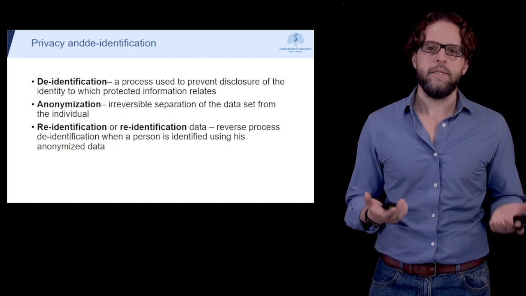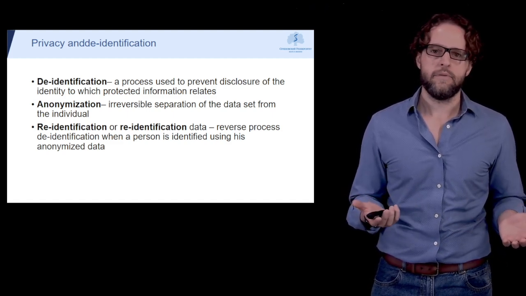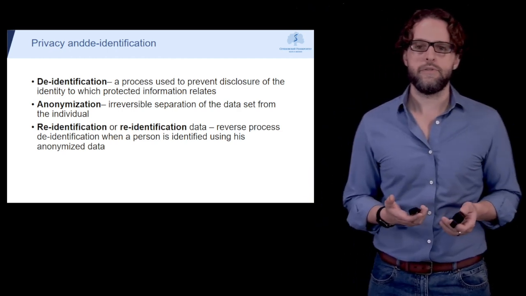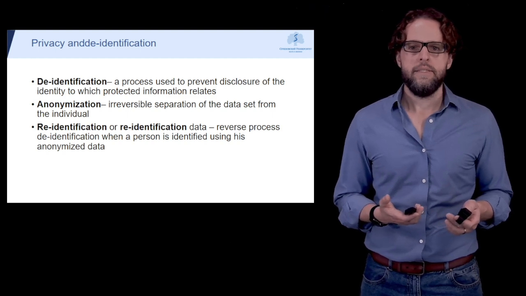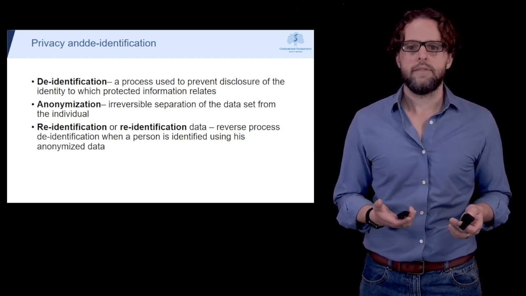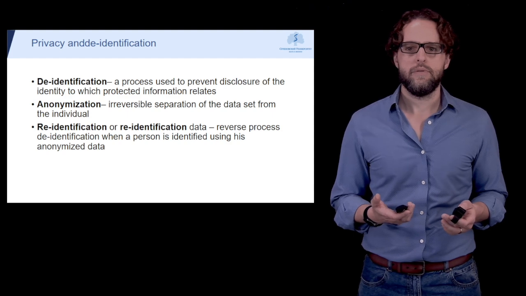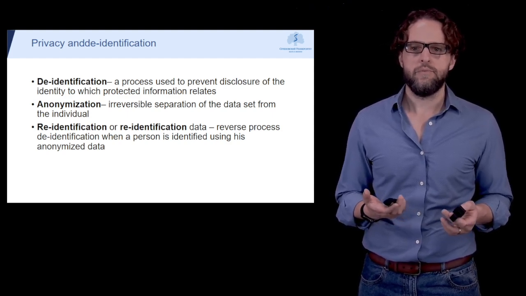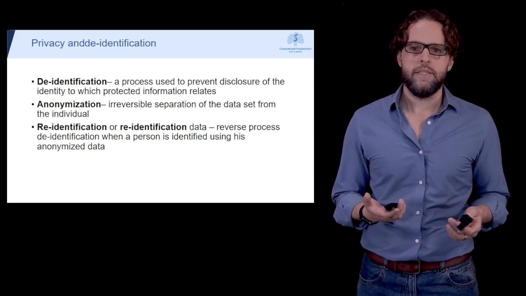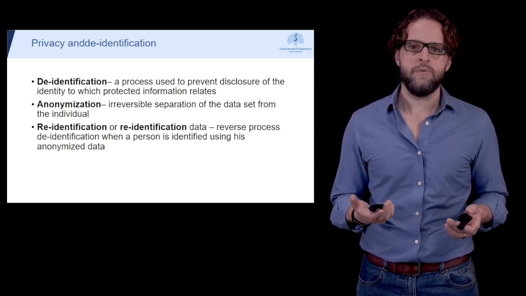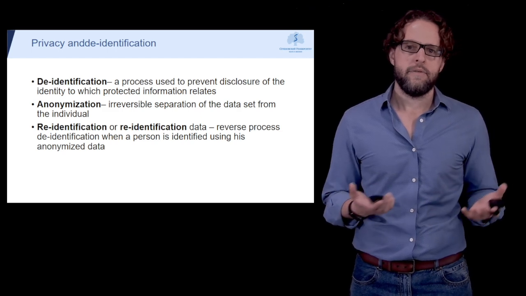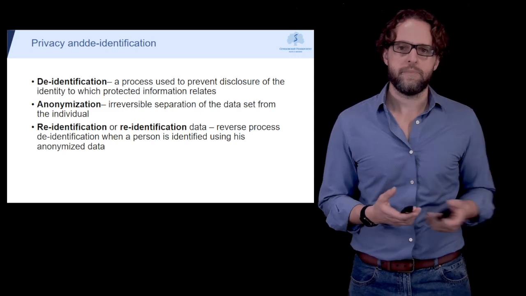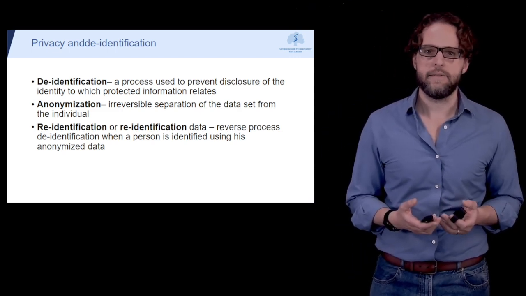So anonymized data is impossible to be linked in the future to the exact person in the study. De-identification also includes storing identity information that could be linked to the data in a certain situation. So the de-identified data could be restored to its origin if it's needed in some case.